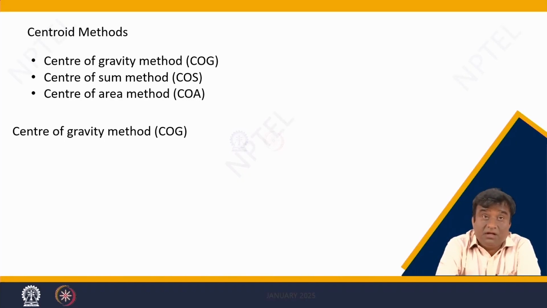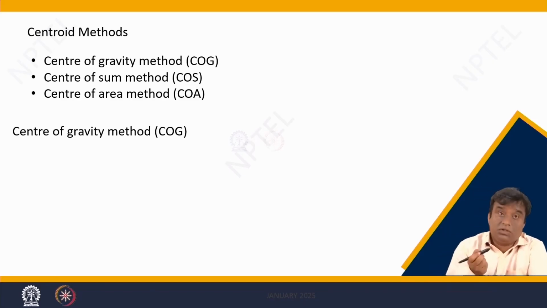So there are a few types of centroid methods. First one is the center of gravity method. Second one is the center of sum method, and the last one is the center of area method. So let's first discuss the center of gravity method.